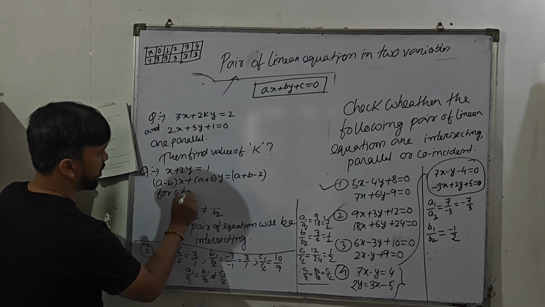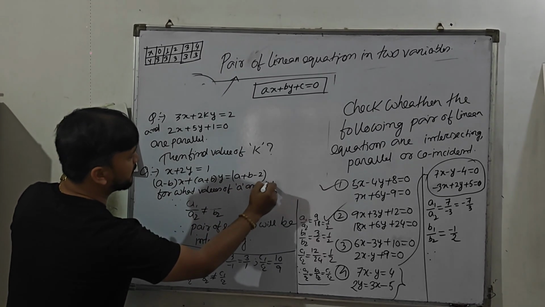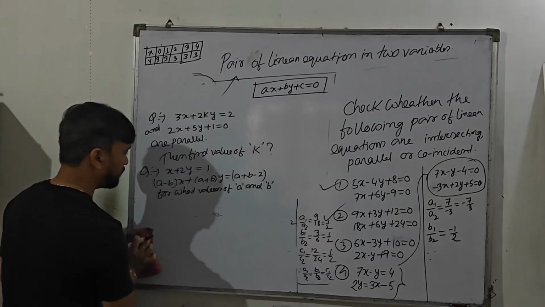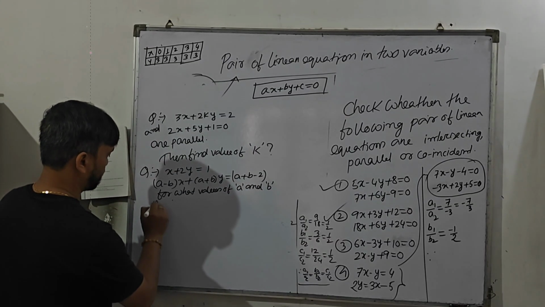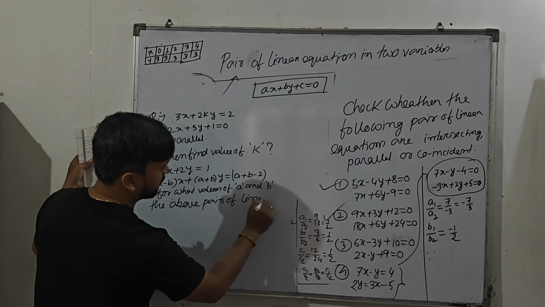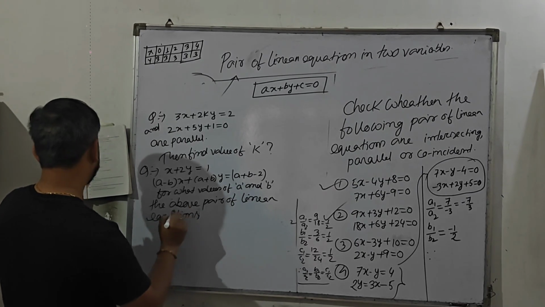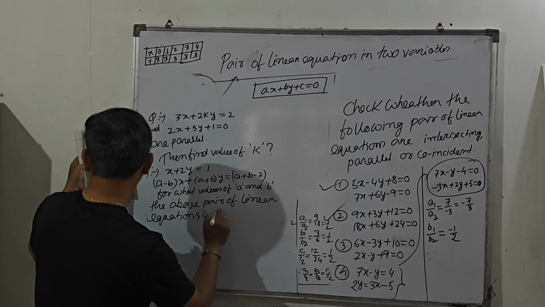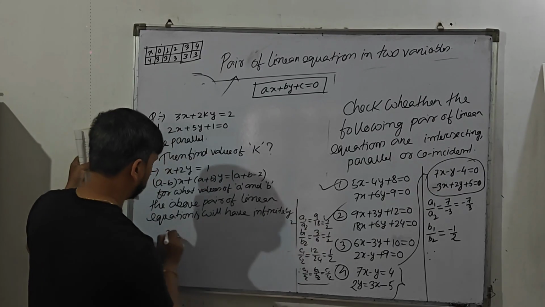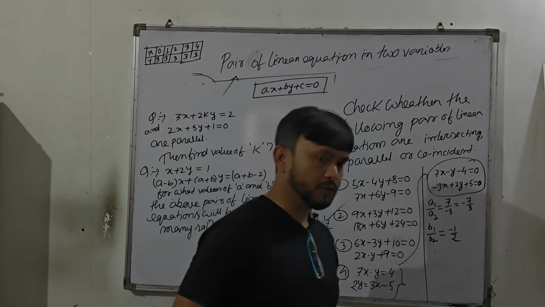For what values of a and b does the above pair of linear equations have infinitely many solutions?